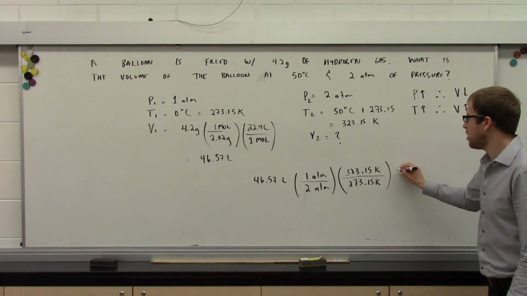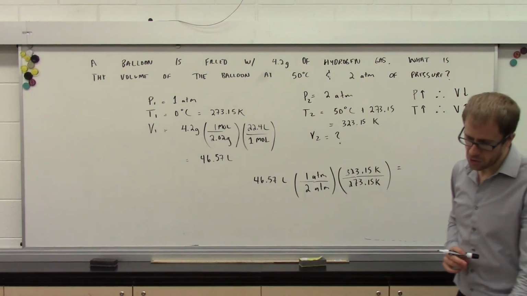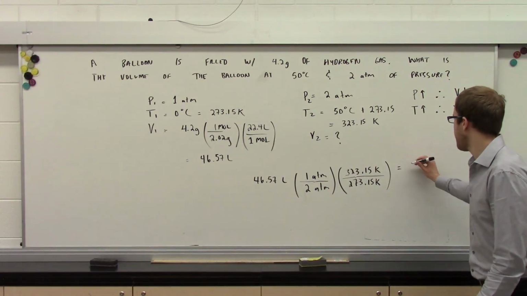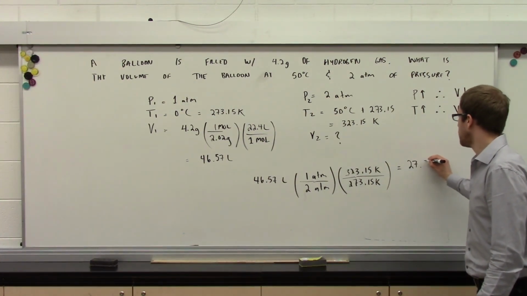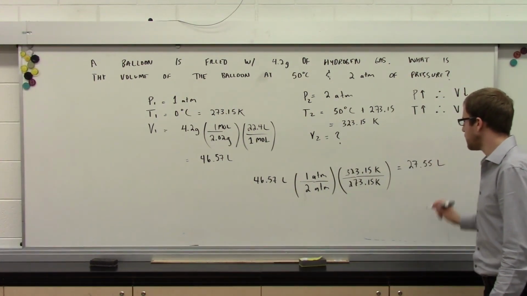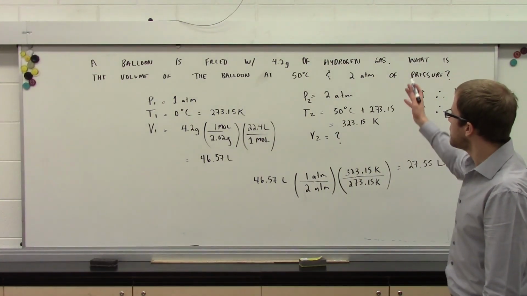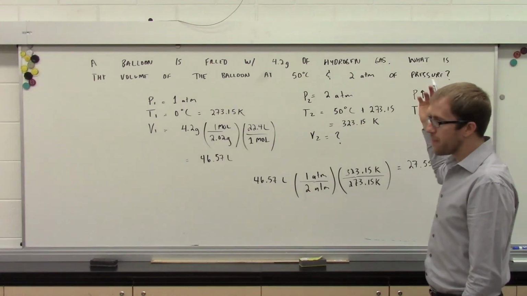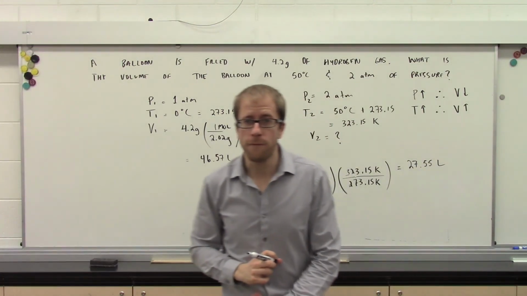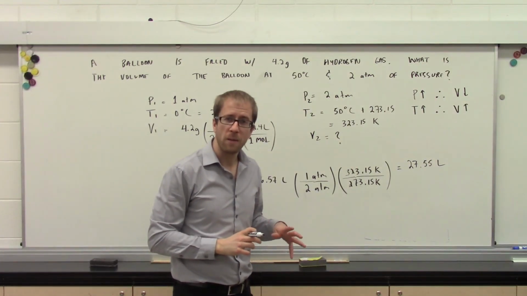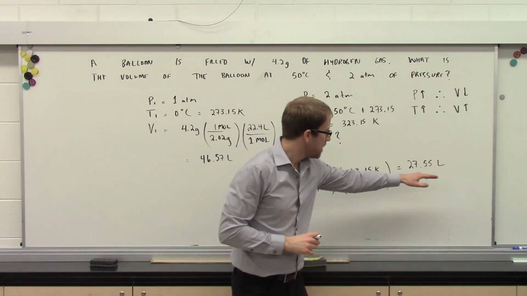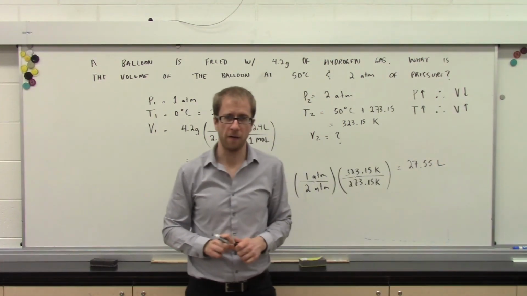And as a result, our final answer is 27.55 liters. So at this temperature and this pressure, our volume of 4.2 grams of hydrogen gas will be 27.55 liters.